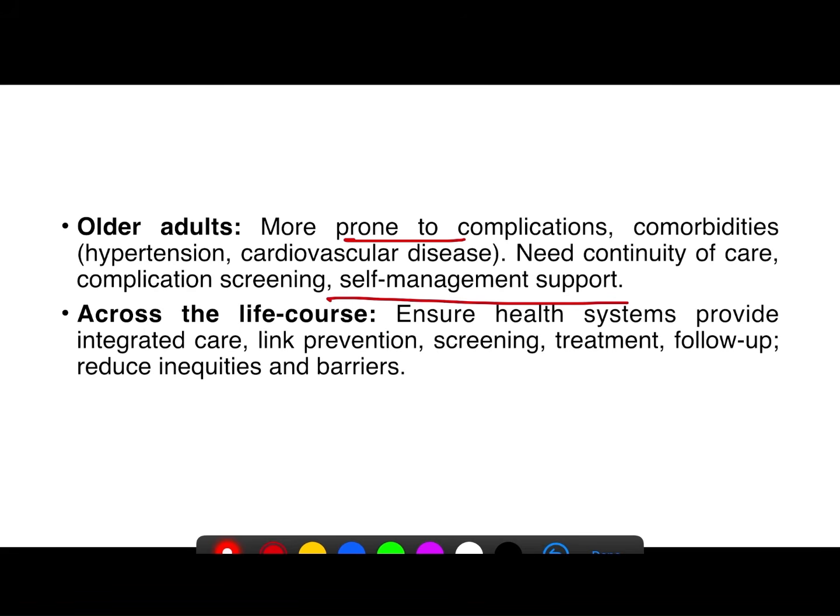So across the life course, the health system must provide integrated care, linking prevention, screening, treatment, follow-up, and reducing inequities and barriers.